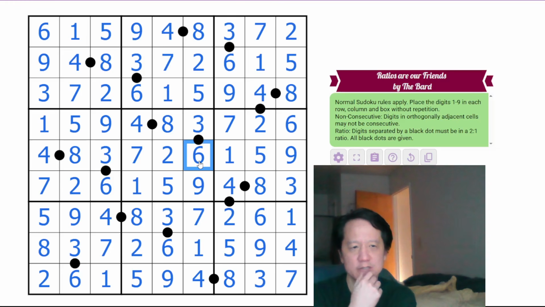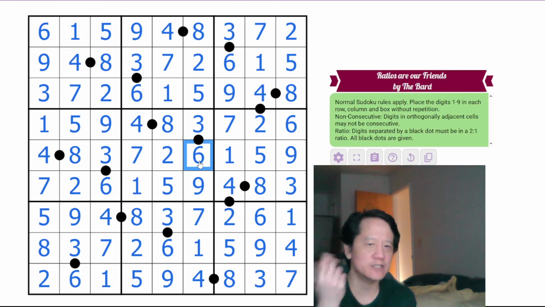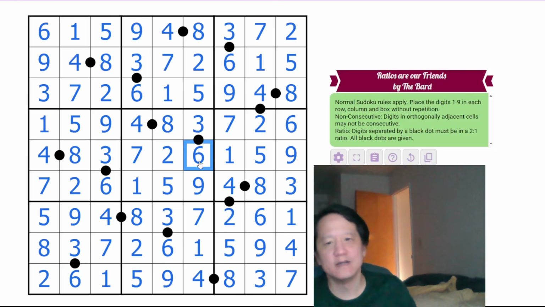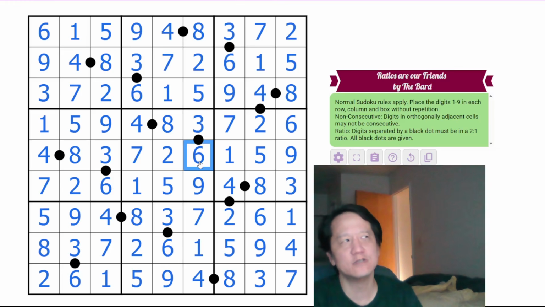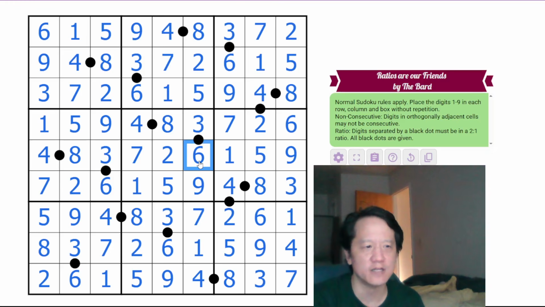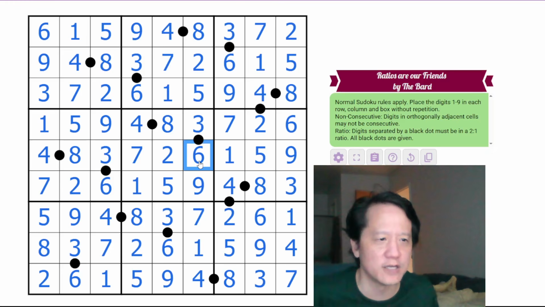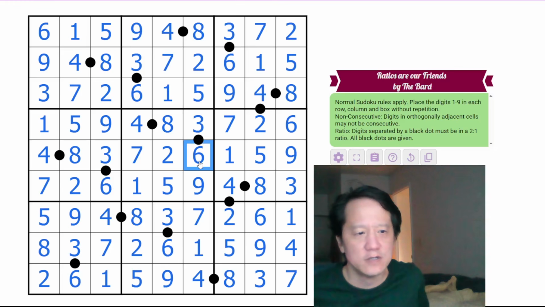And I didn't check if all black dots were given. Actually, I don't think you really needed that as a restriction. I think I solved it without using that negative constraint at all.